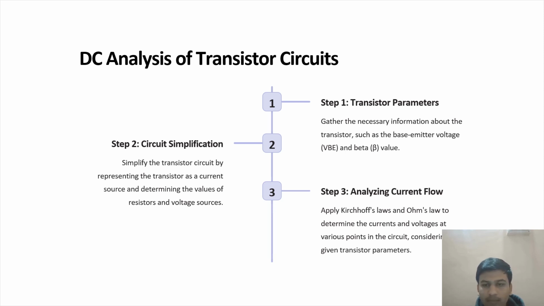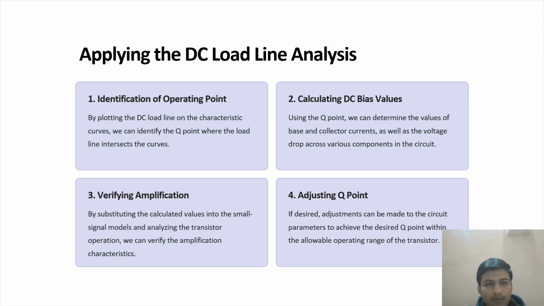After that, we will analyze the current and voltage flow, applying Kirchhoff's law and Ohm's law to determine the currents and voltages at various points in the circuit, considering the given transistor parameters. After that, DC load line analysis, that is identification of the operating Q point, calculating DC bias values, verifying amplification and adjusting the Q point.